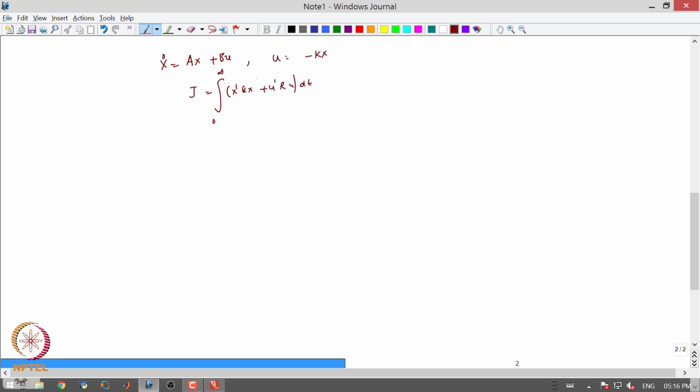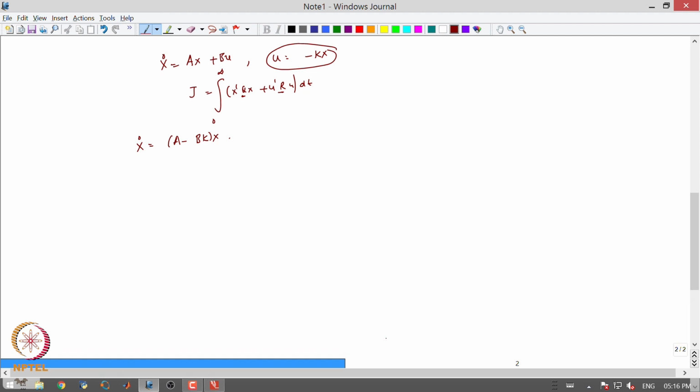This is the linear quadratic regulator, which is possibly where the name comes from. Okay, so this is the control law, and the closed loop system looks like this: x dot is A minus BK times x. We have seen this already a lot.